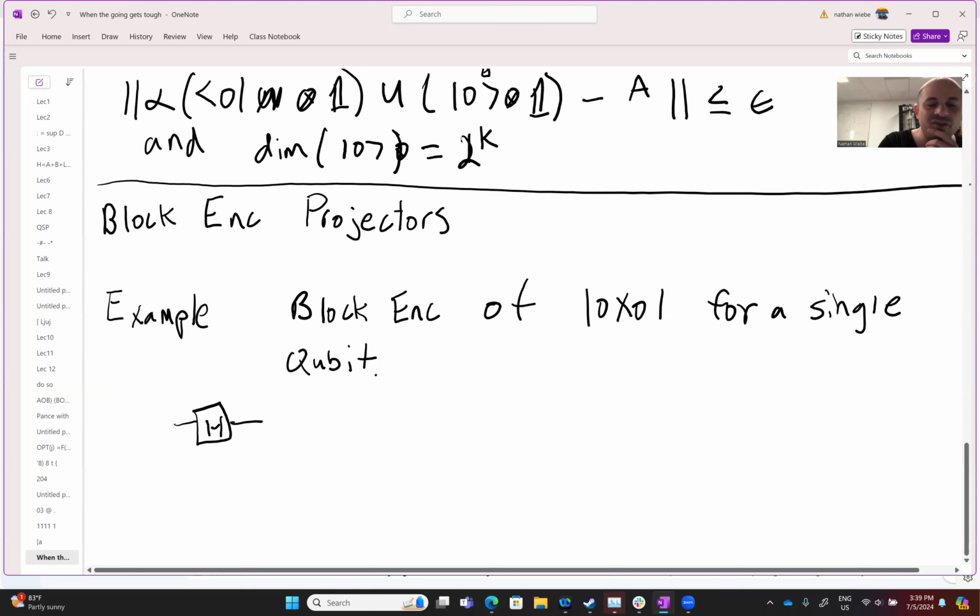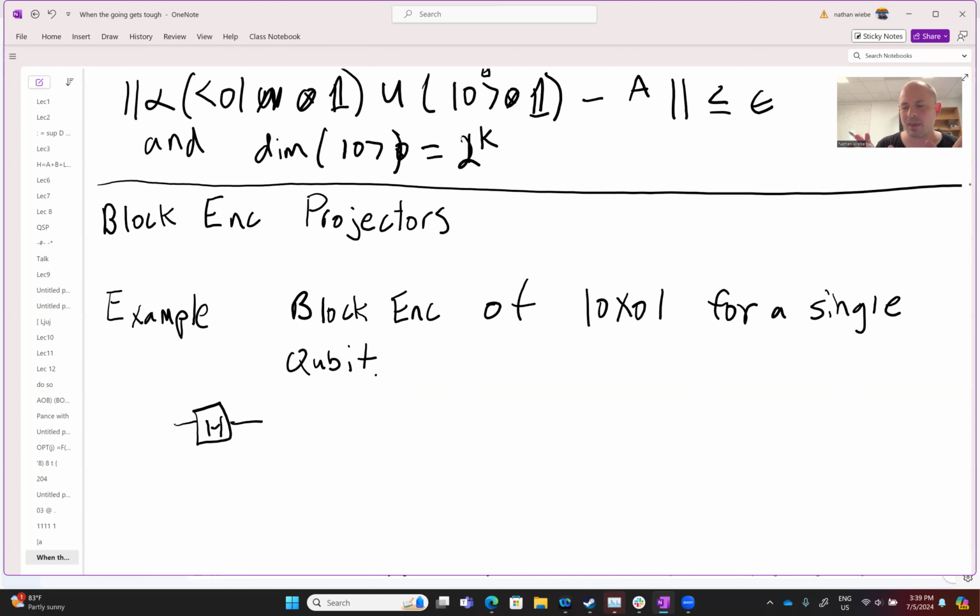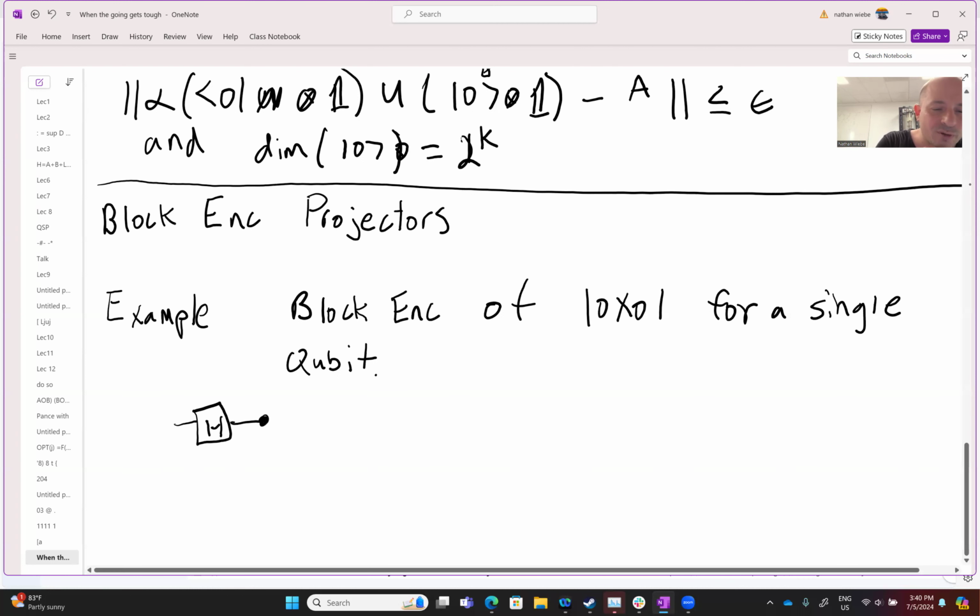Now, we'll get to this next lecture when I talk about how to do the LCU method. But for the moment, just trust me, this is going to work out. I'll do the math to show it to you. But you'll see later how this is a particular example of a much larger idea. So what I'm going to do is the following. Let's do Hadamard, controlled Z, Hadamard.